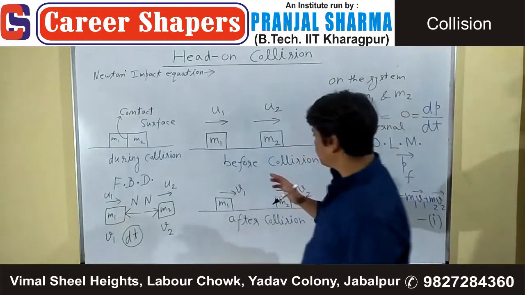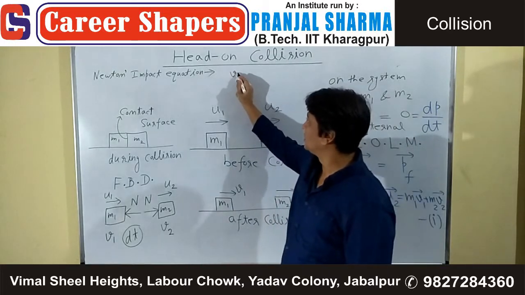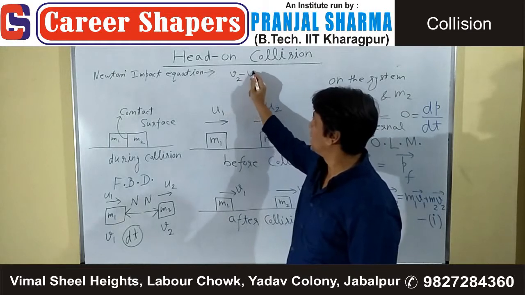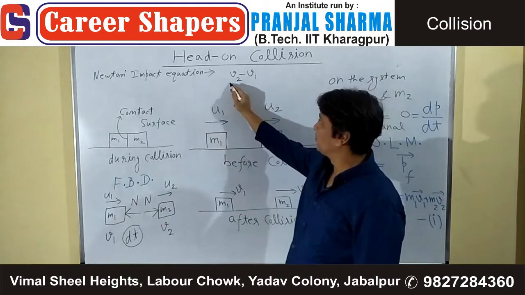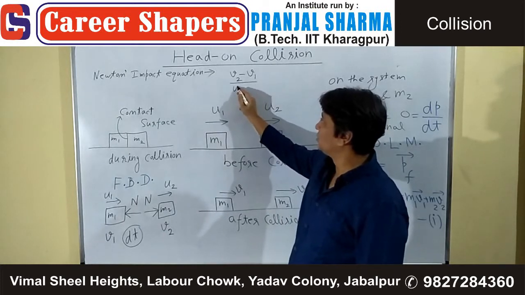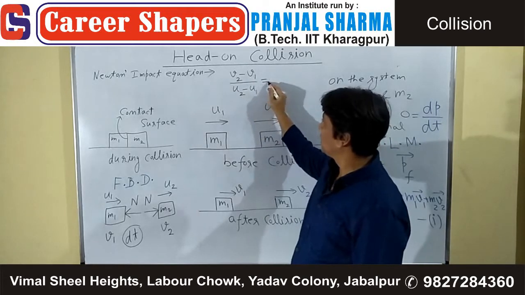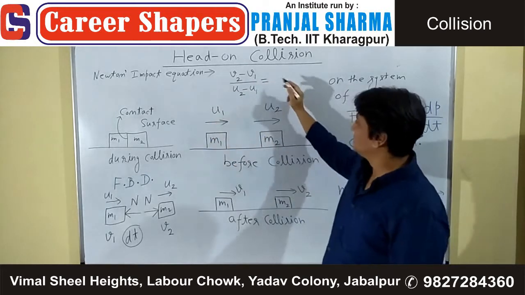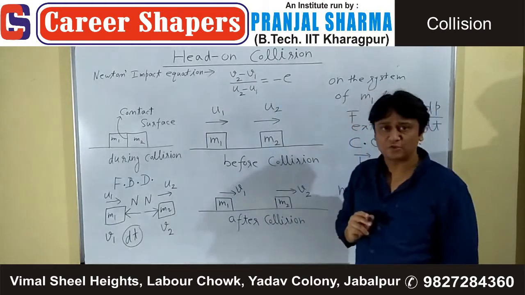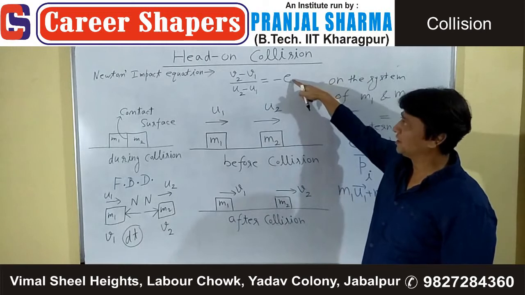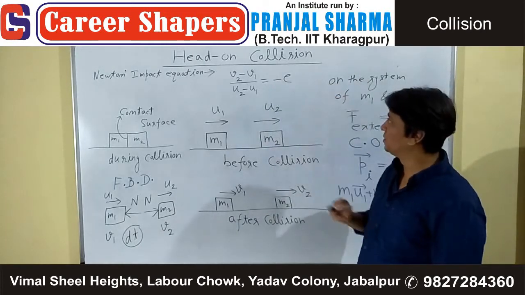Relative velocity after collision is V2 minus V1. Relative velocity before collision is U2 minus U1. What he found is that this ratio is a constant and is called minus of E. Basically the ratio is E; the logic of the negative sign we will understand now.